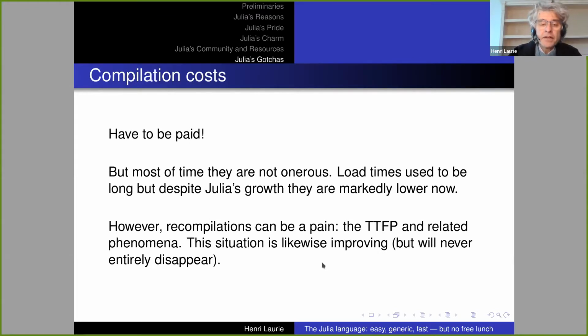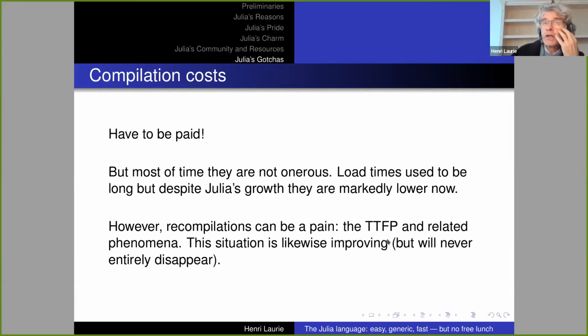Okay, here are the gotchas. You have to pay compilation costs. Most of the time it's not onerous, but recompilations can be a pain. TTFP stands for time to first plot. This can be several seconds and longer in Julia when you start plotting things. It can be very frustrating for some people if they want to do lots of plots and they keep having to recompile.